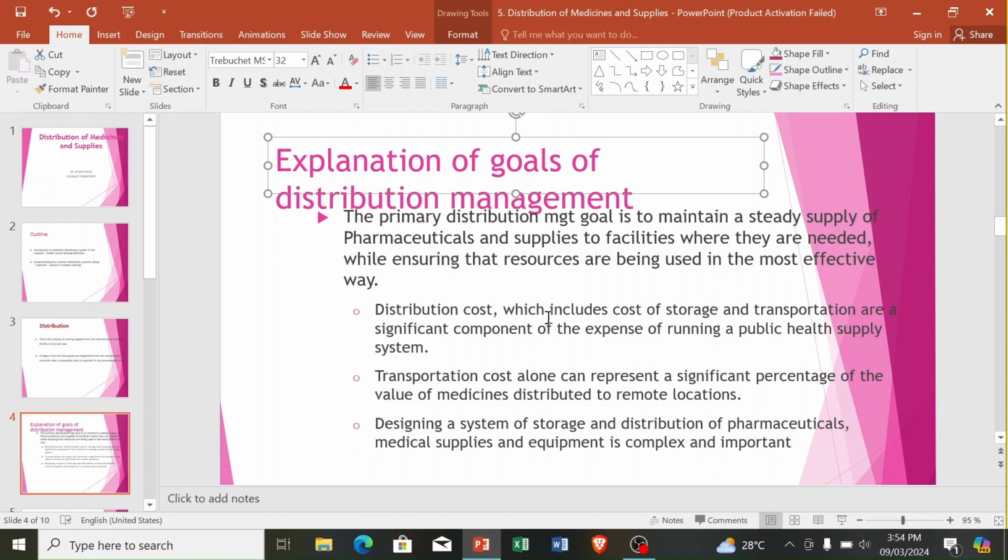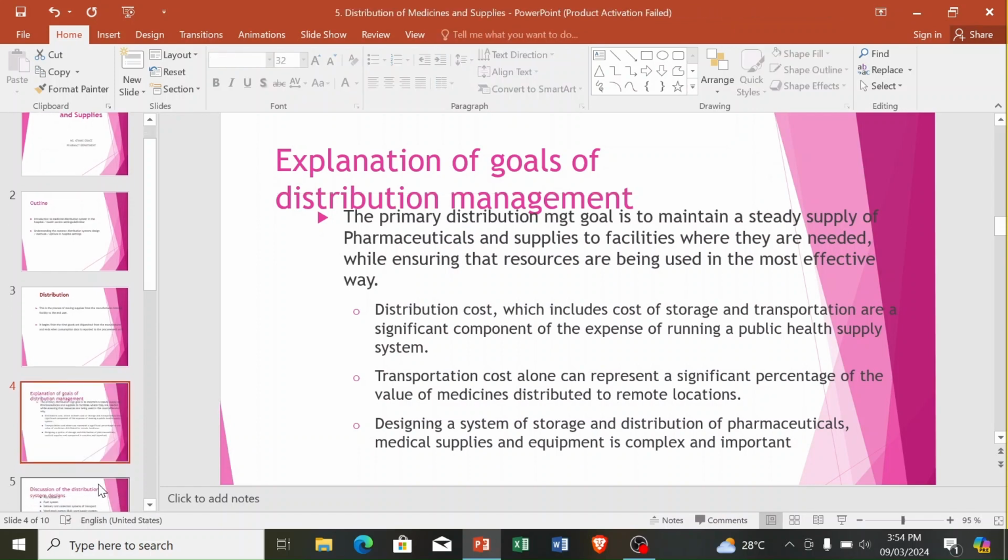Transportation costs alone can represent a significant proportion of the value of medicine distributed to the remote locations. Designing a system of storage and distribution of pharmaceuticals, medical supplies, and equipment is complex and important. Okay? It is very important to do so.